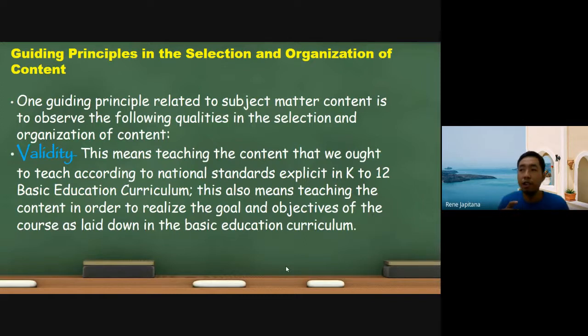The content standards are the subject matter, and the performance standards are the learning activities or learning experiences, as mentioned earlier. Are we following the guidelines of the national government, especially the DepEd K to 12 basic education curriculum? If we can answer that, that's valid. Our content is anchored, aligned, following the national standard. That's number one, validity.